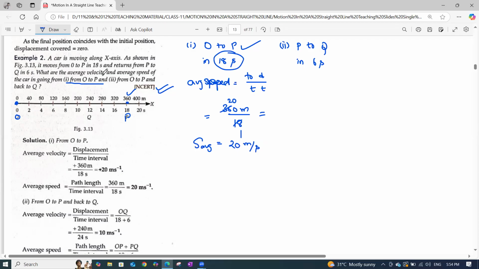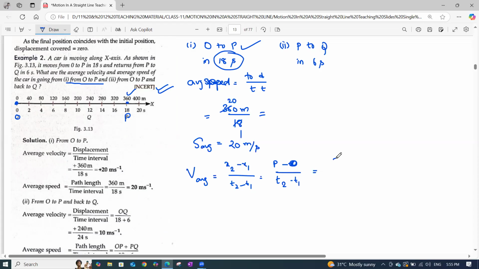Now let us try to find average velocity also. V avg, average velocity, is displacement by time. Means final point x2 minus x1 by t2 minus t1 also you can take. Now what is the final point? P is the final position. x1 is O, the initial position. T2 is the final time, T1 is the initial time.